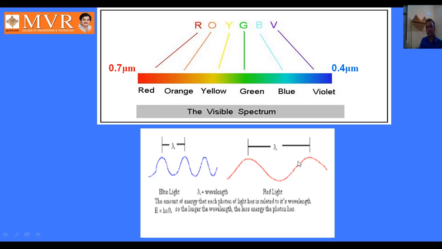In the visible portion of the spectrum, the violet and blue portions are the shorter wavelength region. This shorter wavelength region is scattered more according to Rayleigh theory. Why? Because the wavelength is very low, the scattering is very high.